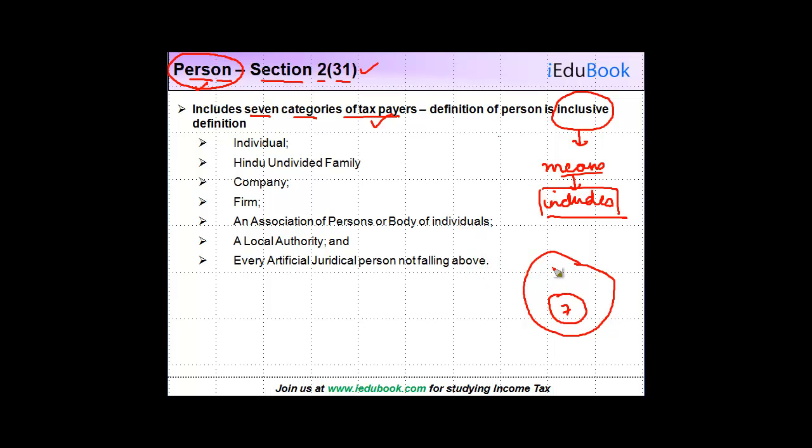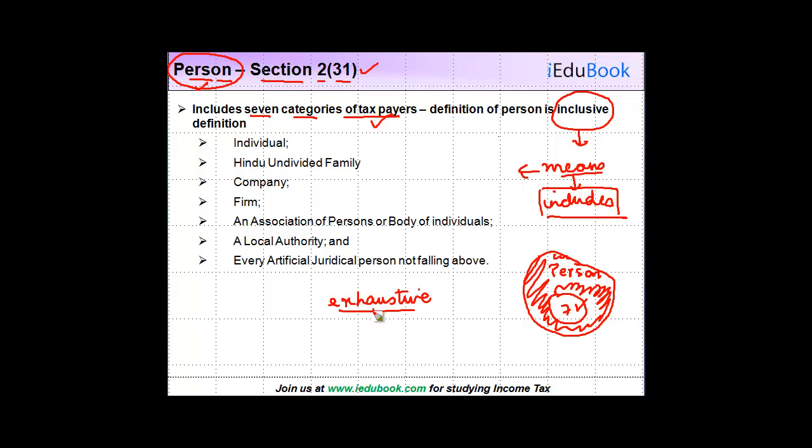Okay, so the definition of person includes these 7 categories. And by the way, there is this segment also which may be included, which is not covered here, but they may be included. Whereas when you use the word means, that is exhaustive.